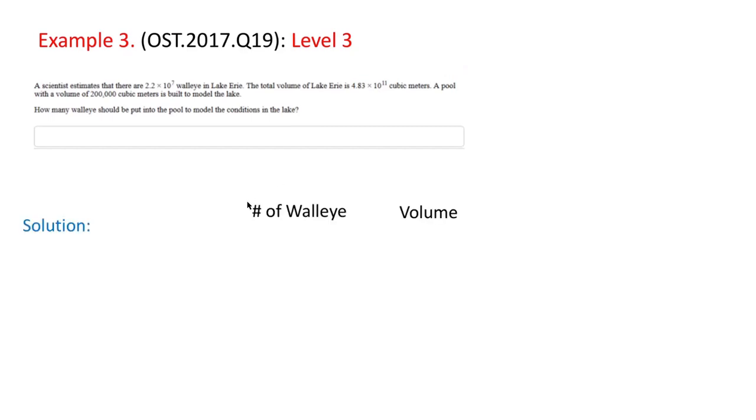Solution. You have to organize your work here. So I'm going to put number of walleye and volume. In the lake, they are giving me this, how much fish we have, and this, the volume of the lake. Now, the pool that we are building, I know the volume, but I don't know how many walleye I need to put in it.